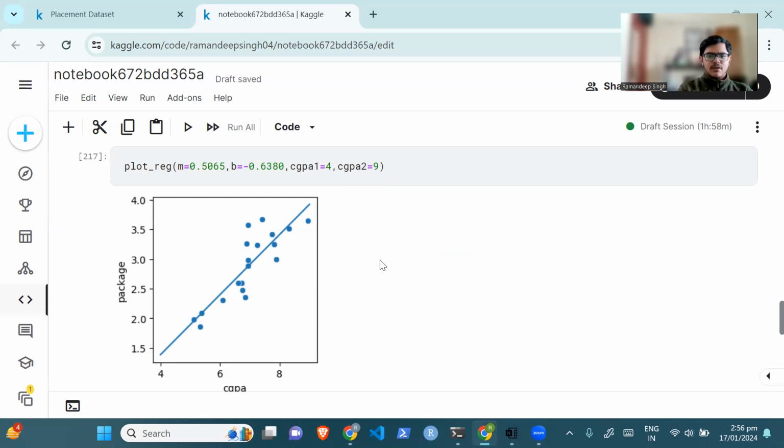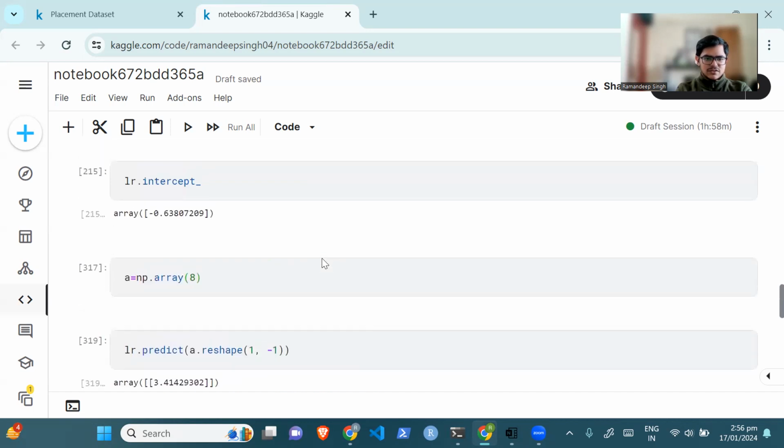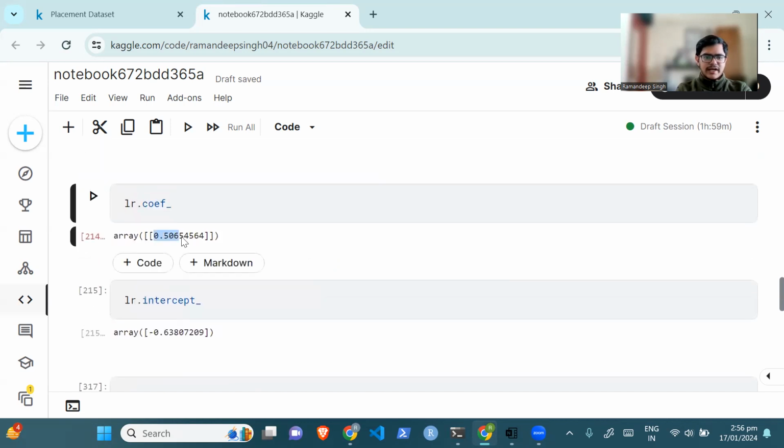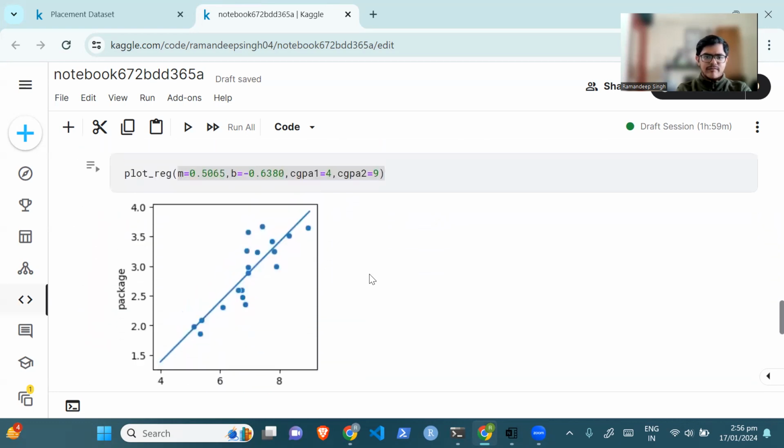The error will be at its minimum. So I have taken m as 0.50 and the intercept as minus 0.63, and I have plotted this regression line on my scatter plot.